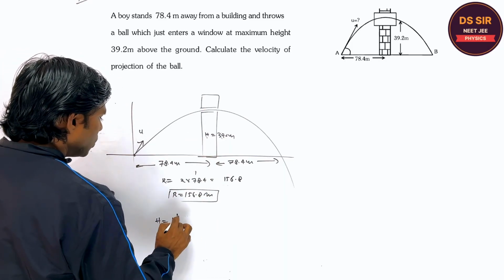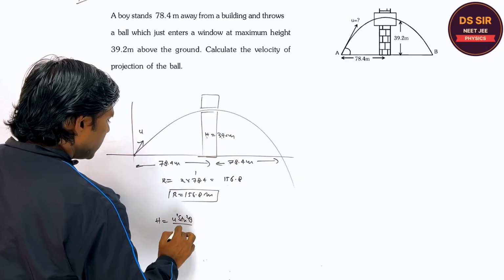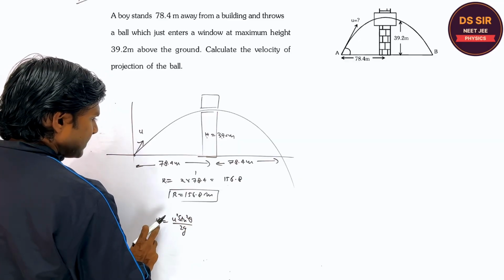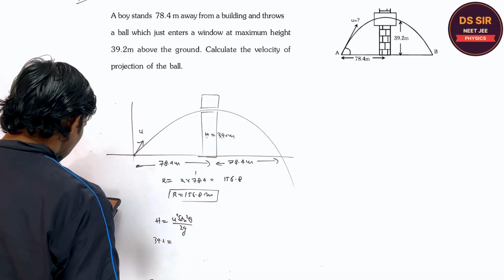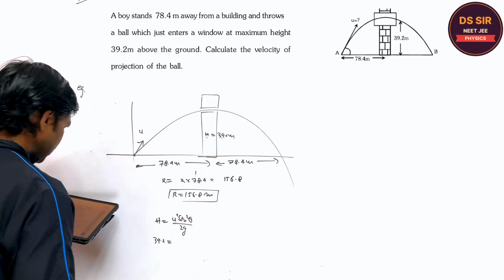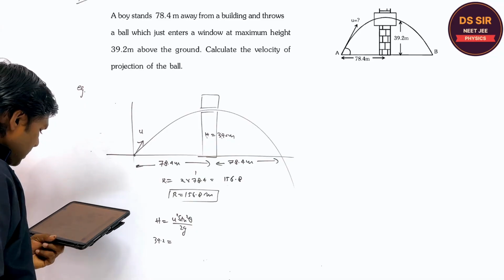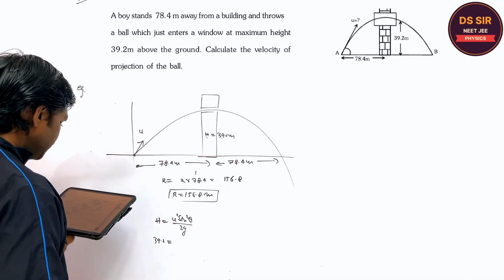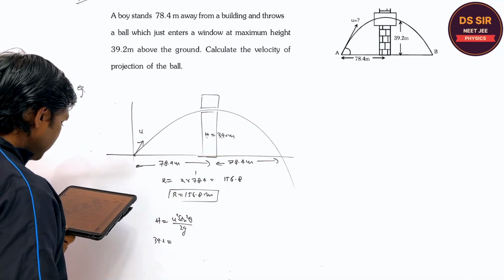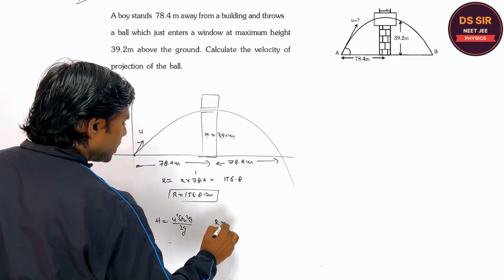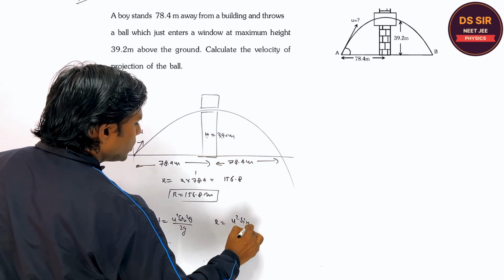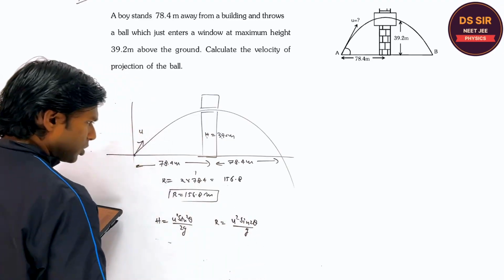The h is equal to u square sine square theta upon 2g. The h is given 39.2. Okay, this is the range, this is the h, the range is u square sine 2 theta upon g. Getting or not?